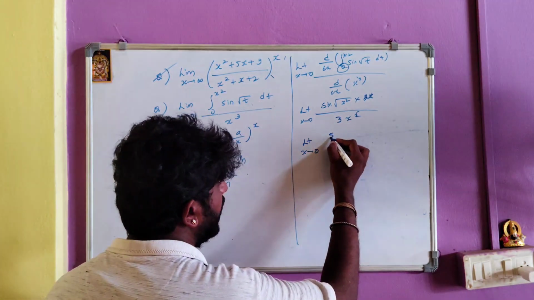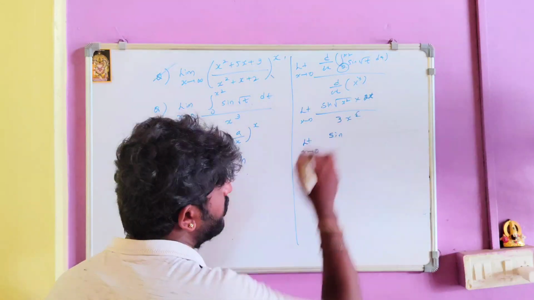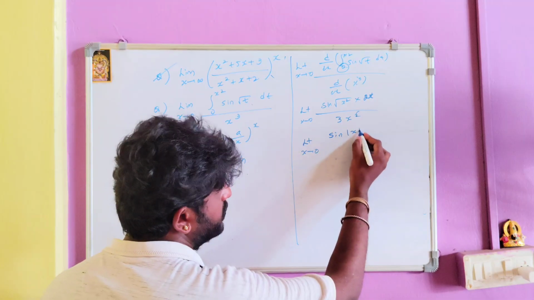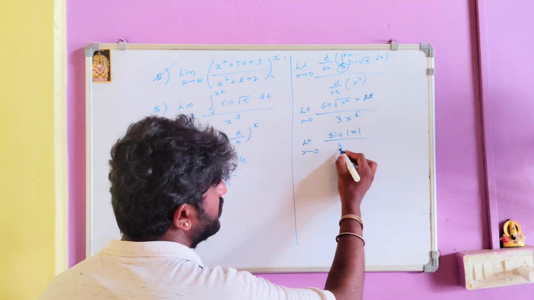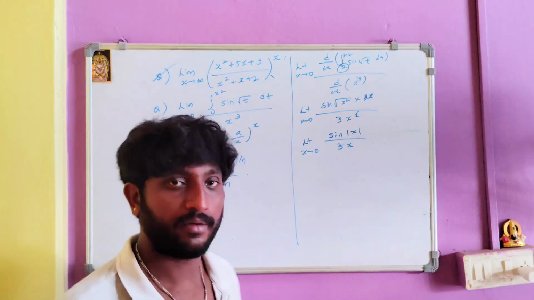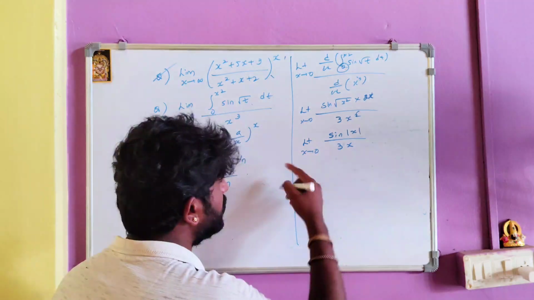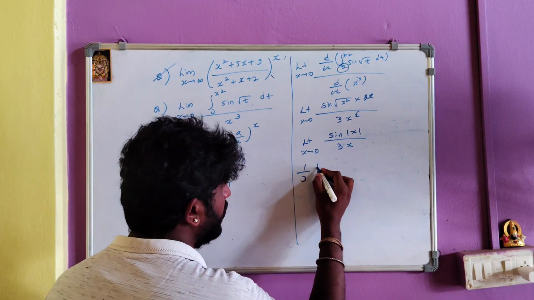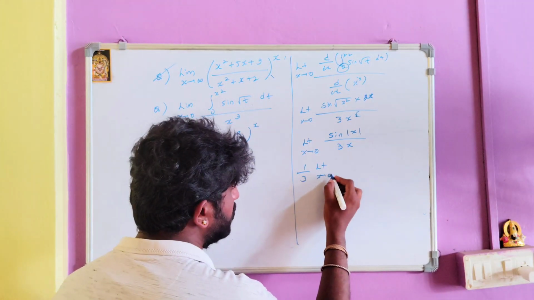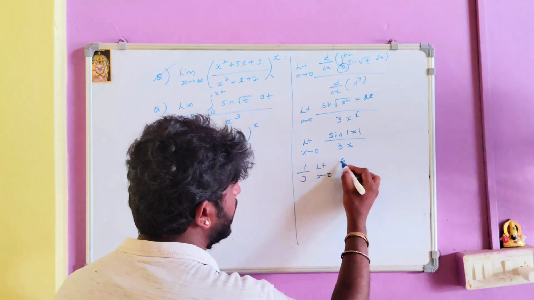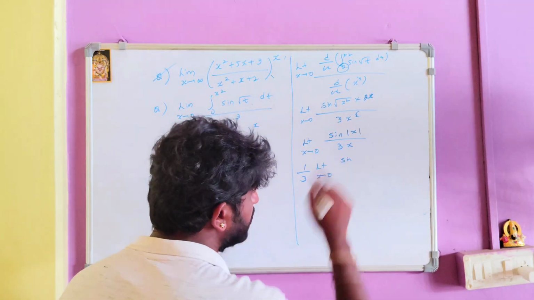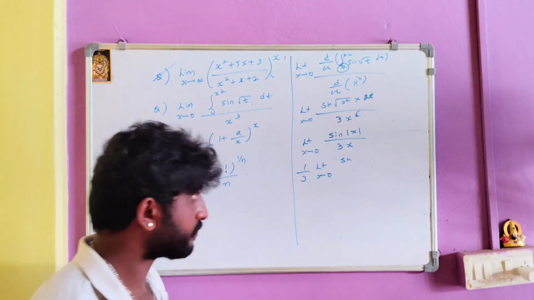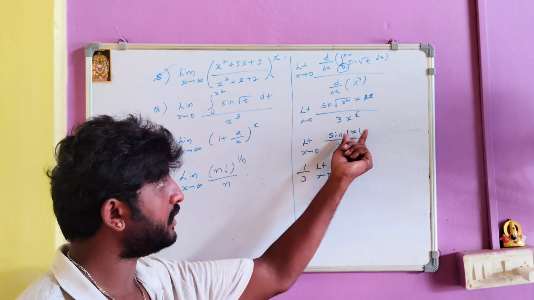Okay, sine square root of x square, nothing but mod x, by 3x. The 3 is taken outside, limit as x approaches 0, sine mod x by x.